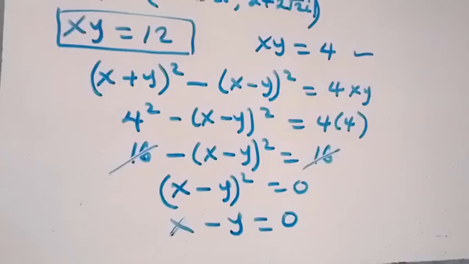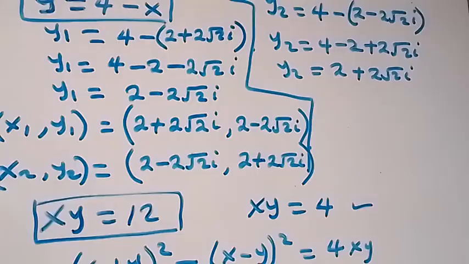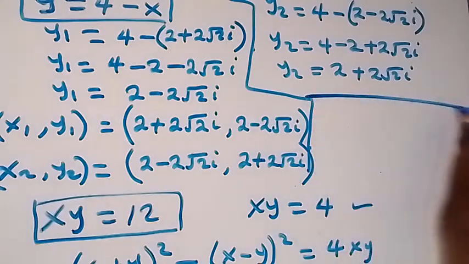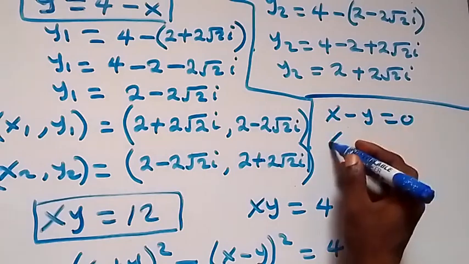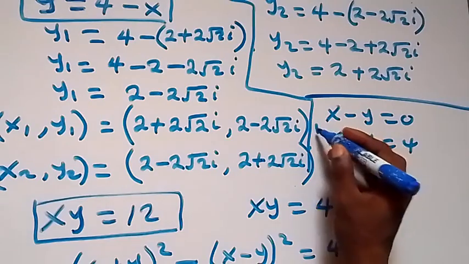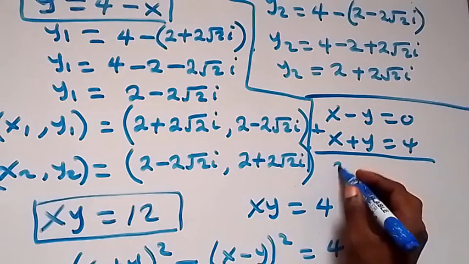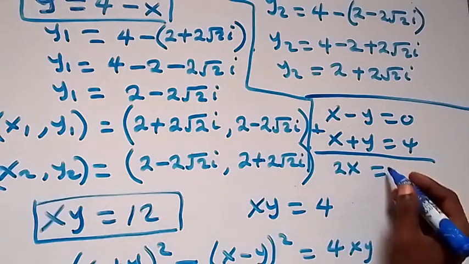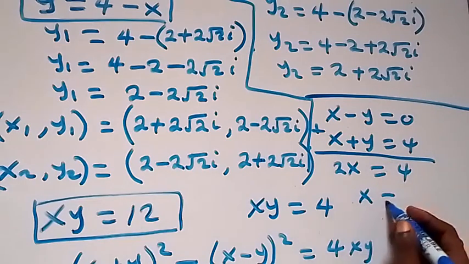Then combine this with equation 1 now and solve for x and y as well. So we have x minus y equals to 0. So when we solve, that is x minus y equals to 0, then x plus y is equals to 4. So we can also add from here, and this will be 2x equals to 4. Divide both sides by 2 from here, x will be equals to 2.